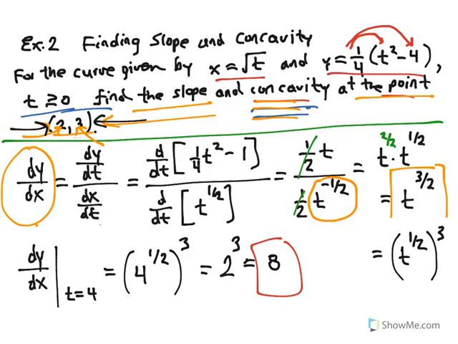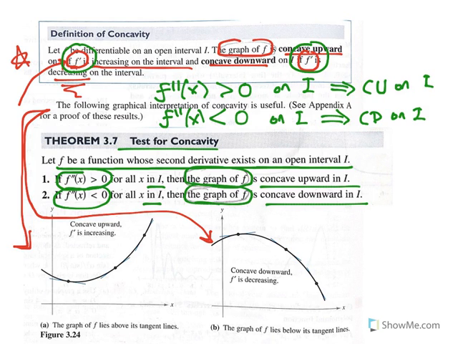So we know we can use the second derivative to determine whether the graph of the function is concave upward or concave downward at a particular point. We will be using the test for concavity. We will find the second derivative and see if it is either positive or negative, and that would tell us whether at that point the graph will be concave upward or concave downward by the test for concavity.